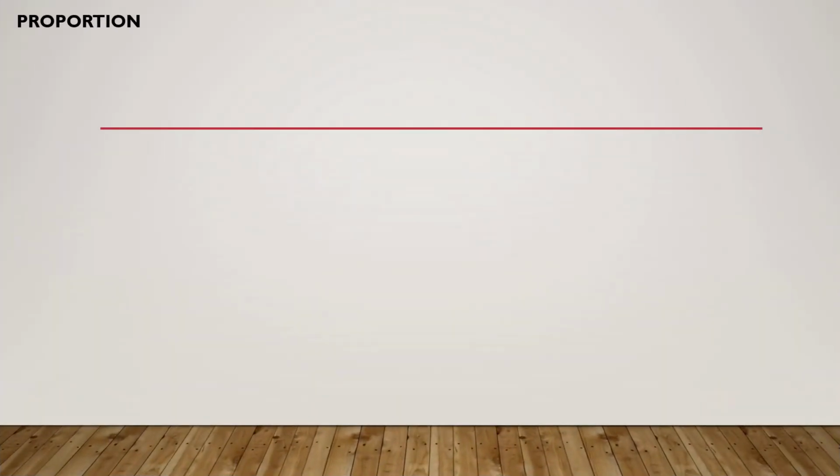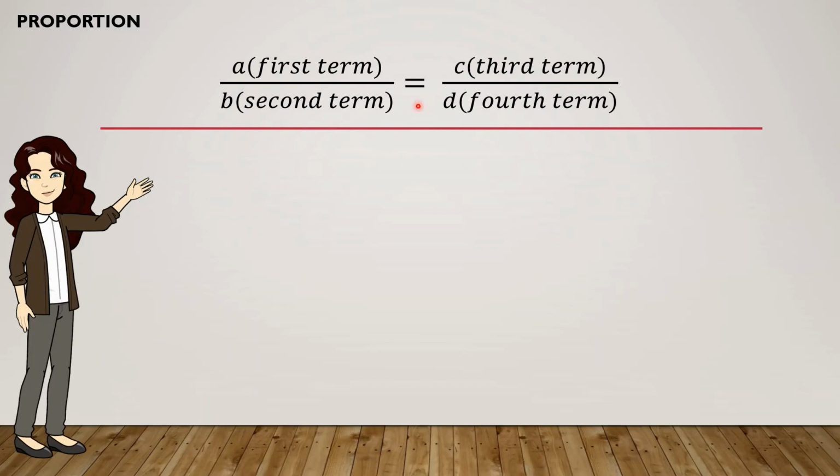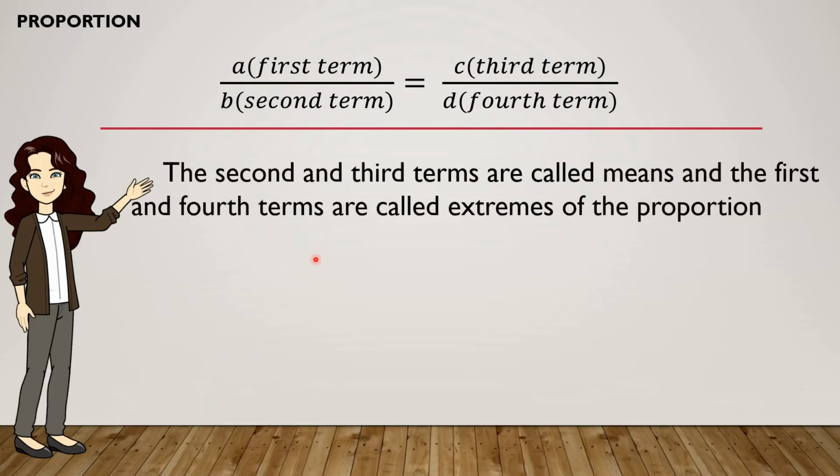Okay, here: A over B, or A is to B, is equal to C is to D. The second term, B, and the third term, C, are called the means. B and C are the means. And the first and fourth terms are called the extremes of the proportion.